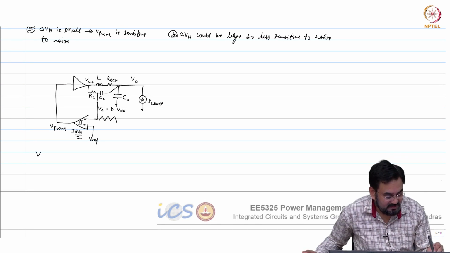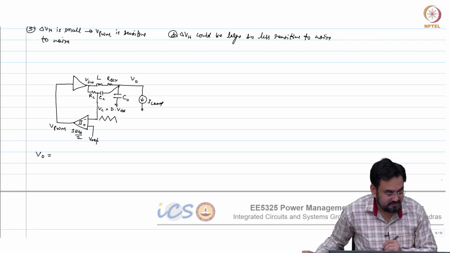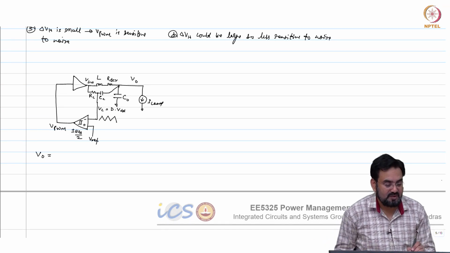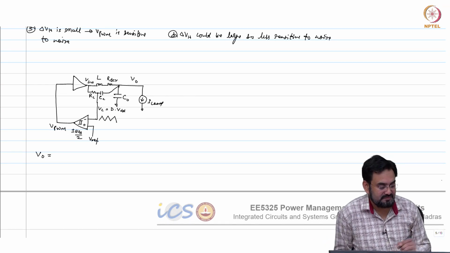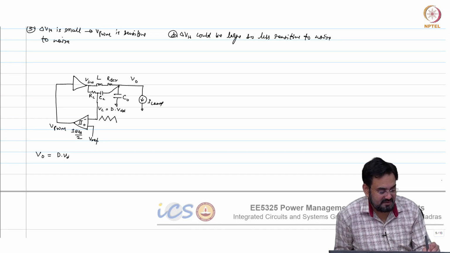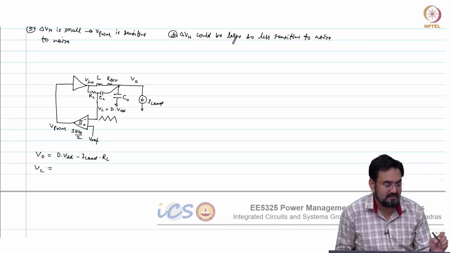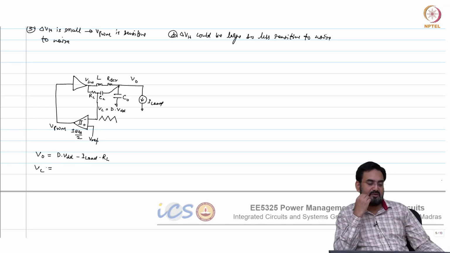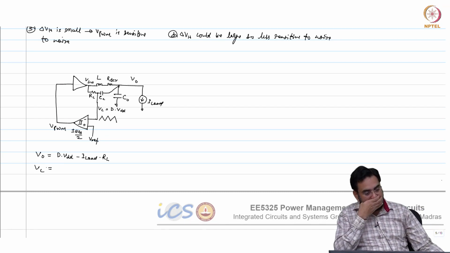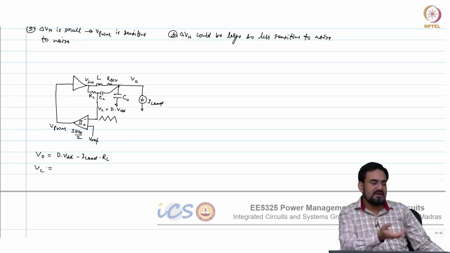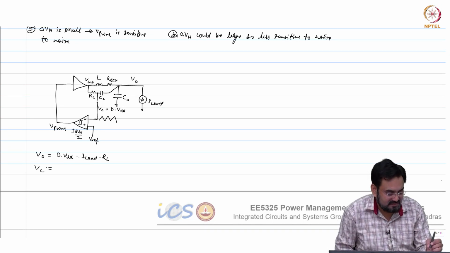What is V out under load condition? D times VDD minus. What is VC under load condition? It will be the same, right? There is no current flowing through that resistor.